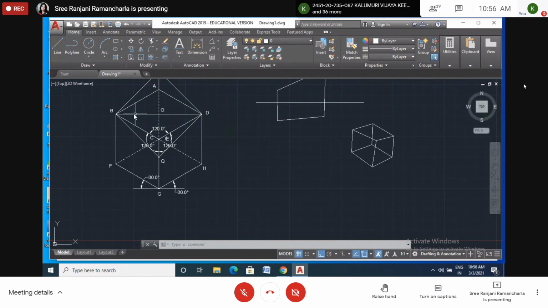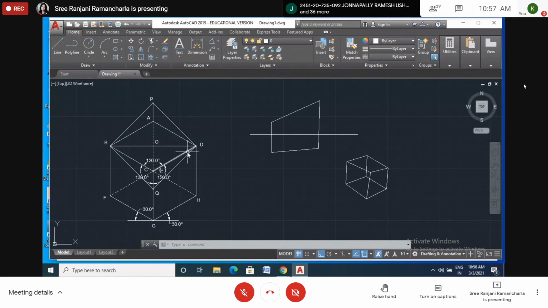Whether the face is inclined or not, this won't change. The diagonal won't change because this diagonal is parallel to VP, and hence retains its true length.